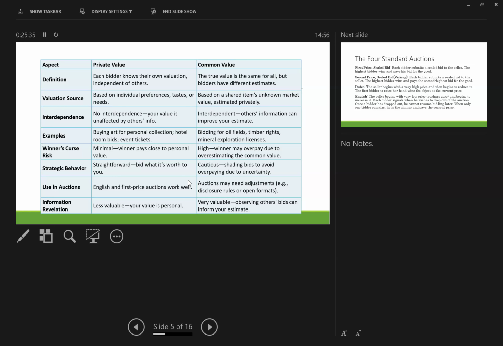Then we have the valuation source. For private value, it is based on individual preferences, taste, or needs. At the end of the day, for the private value, it is how I feel towards that particular item. It is how much I like that item or how much I dislike it, or how much I need the item or have no need for it. The extent to which I have a need for it will determine the value that I will place on the item.